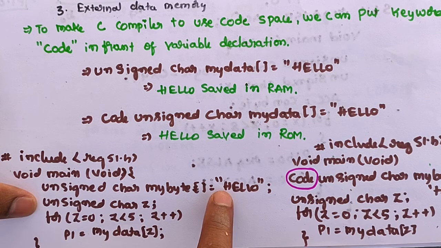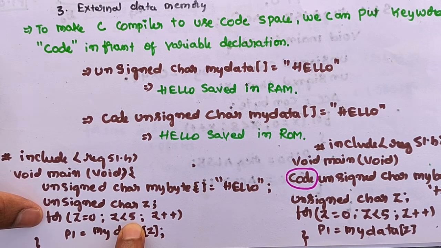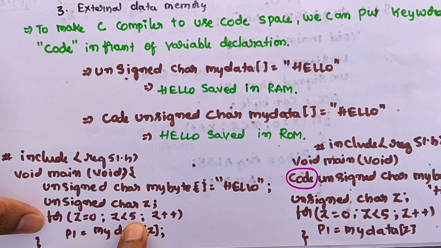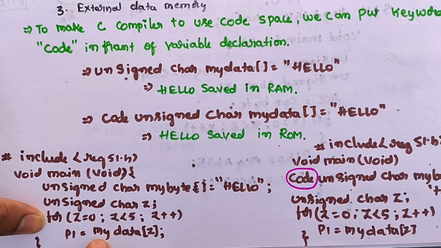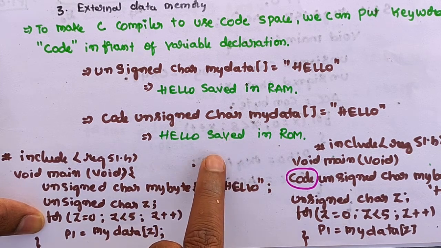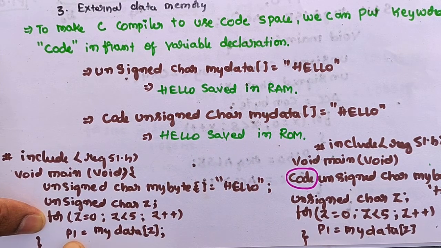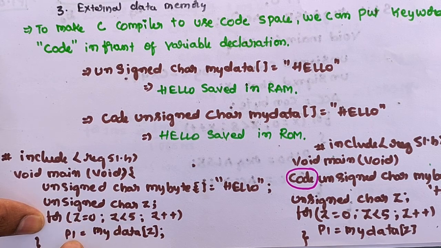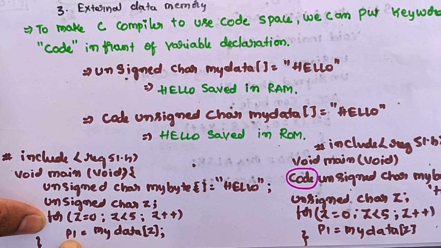There are 5 characters, indexed 0 1 2 3 4, so we need to increment the variable z 5 times. Therefore port P1 will store the byte, whatever character I have mentioned here, so through port P1 it will be stored in data memory RAM.